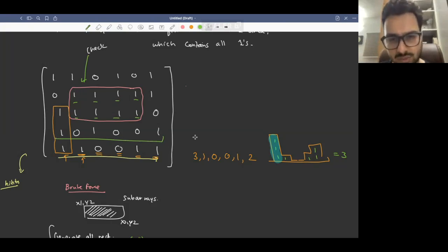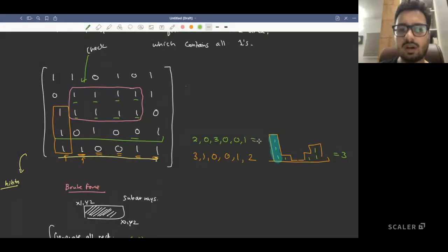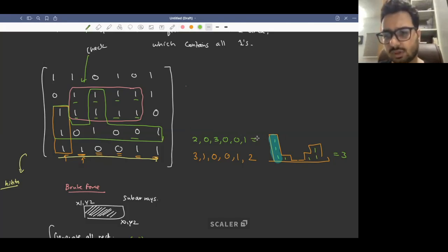So the bar height is 2, it is 0, then it is 3, then it is 0, 0, 1. What is the largest rectangle you can form in this histogram? Again 3. Fine. What about this row?